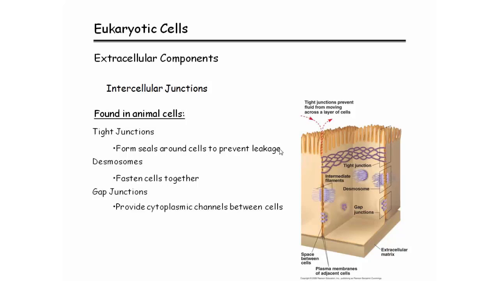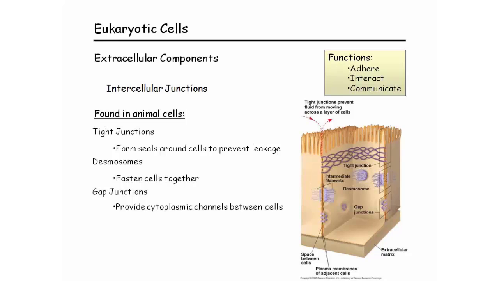The difference is they don't have to cross a cell wall. Okay, so there's no need for that. We do have desmosomes, which are going to help to hold cells together or help with that adhering function. And then we have another structure called the tight junctions, which will help to prevent the cell from having leakage or drying out. The cell wall will do a lot of that for a plant cell. So the functions of these components added together will be very similar to what we had with the plasmodesmata.